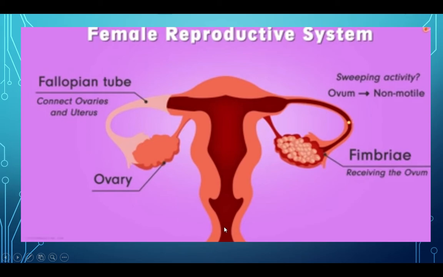How fertilization takes place, you will learn in the higher classes. So you have learned just the parts of the male and female reproductive system. Regarding fertilization and fetal development, you will learn in the 10th standard.